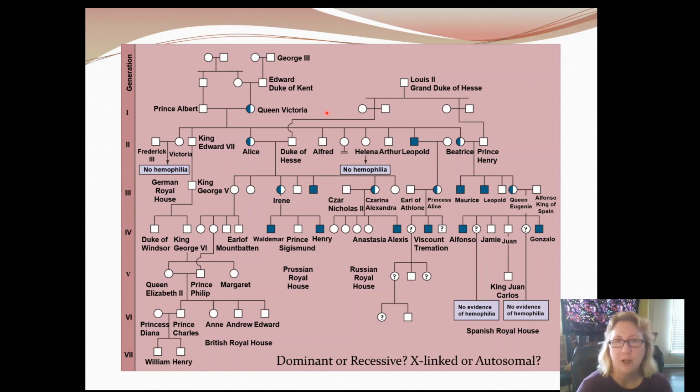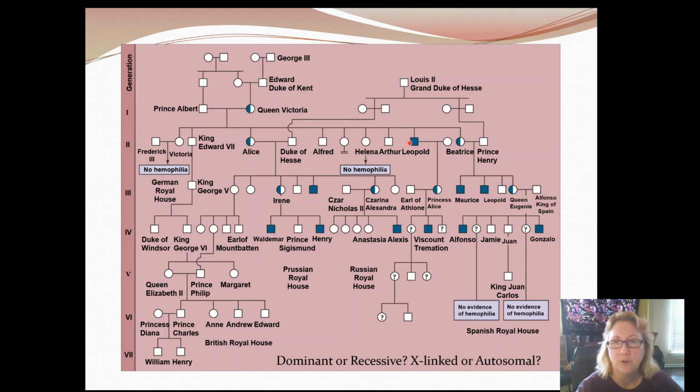People often go back and look at those medical notes and diagnose them with a modern eye. And in this case, there is no indication whatsoever that anybody in Queen Victoria's line had hemophilia before her son Leopold. So that's an indication that this was a new mutation in the family line.